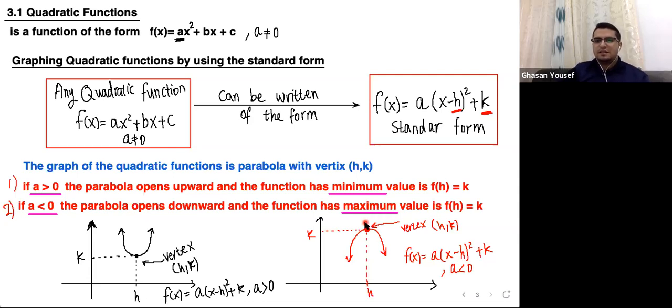The k is just the value of the maximum or the minimum. The only one that decides whether the quadratic function f of x has a maximum or a minimum is the value of a, this a.